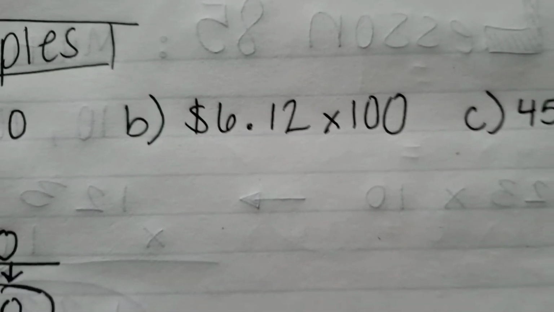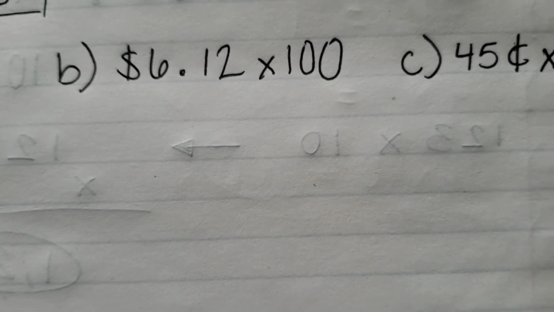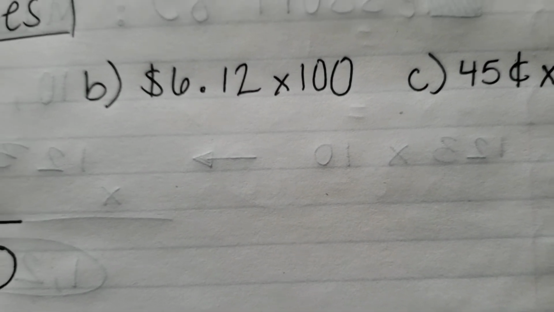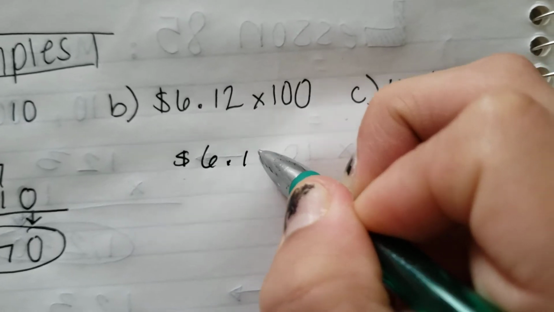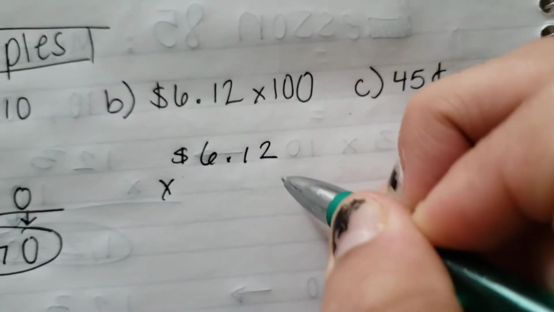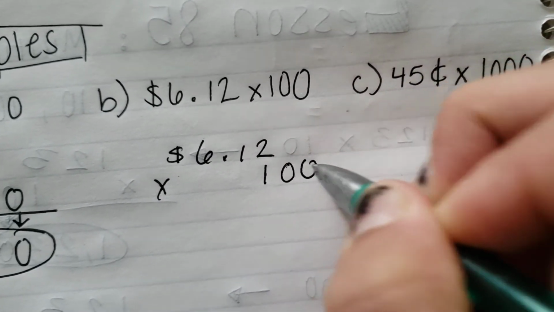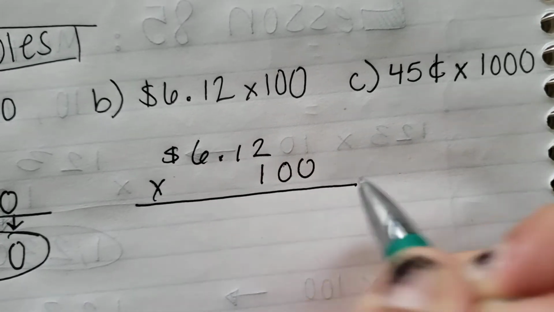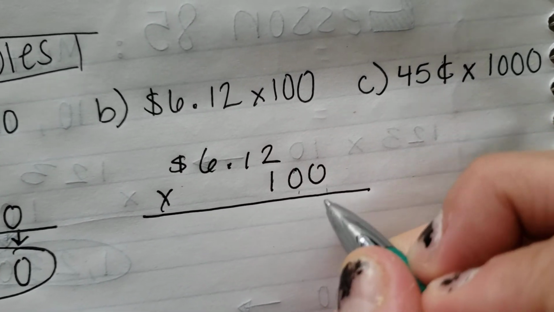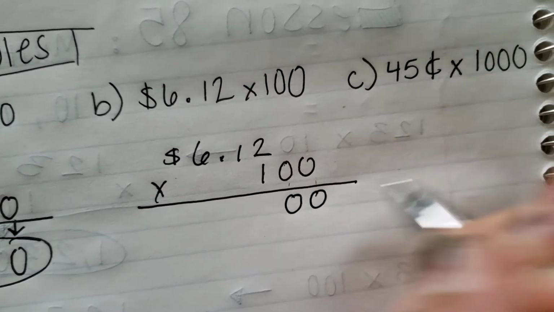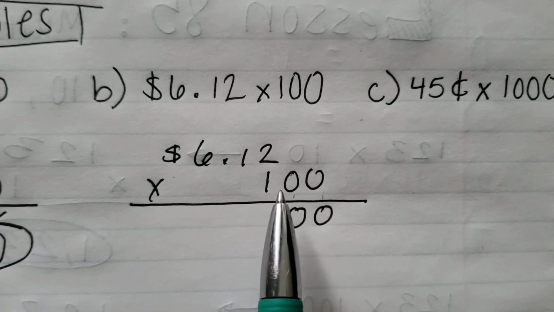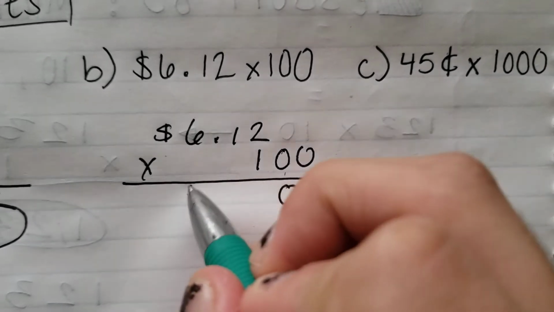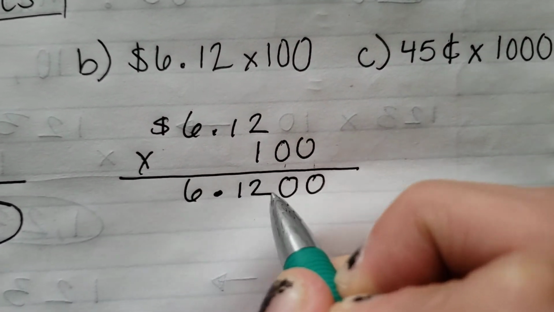Now letter B is dealing with money, so I'm going to show you 2 ways to do it again. I'm going to set it up vertically. $6.12 times 100. I'm going to hide the zeros in the back. Drop them down. Okay. Now $6.12 times 1 is just going to be $6.12.